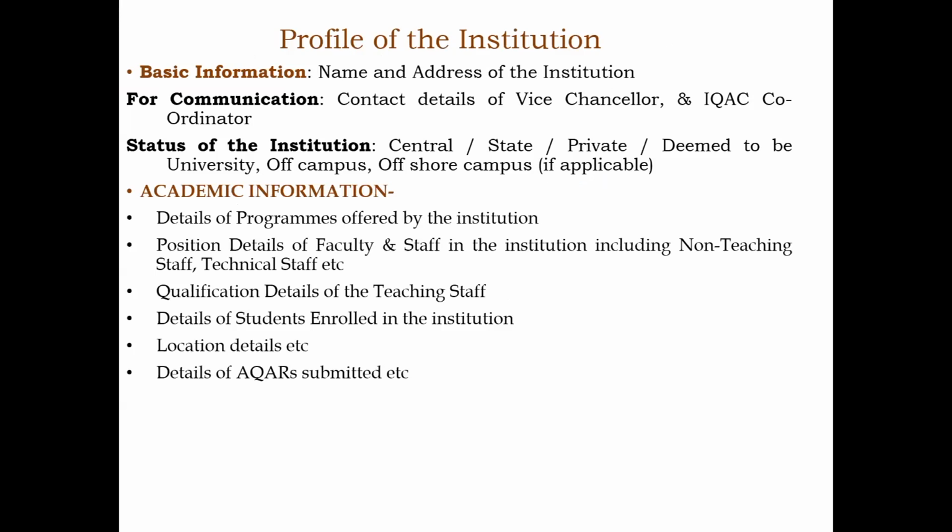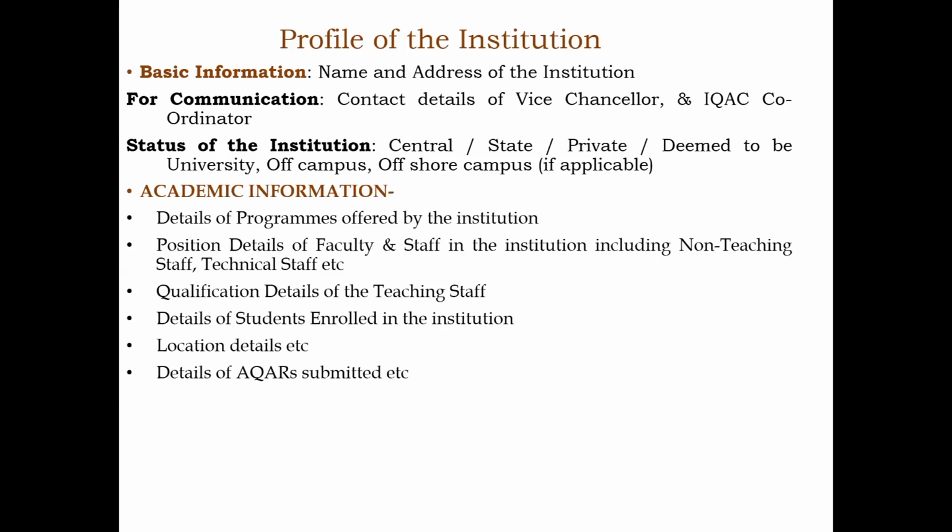The first is the profile of the institution. It's very simple, like any basic profile of an individual. We ask for the details of the institution in terms of the name, the address, where exactly they are located, and for communication, the details of the head of the institution, maybe a principal or the vice chancellor, but please give the email ID specific to the institution.